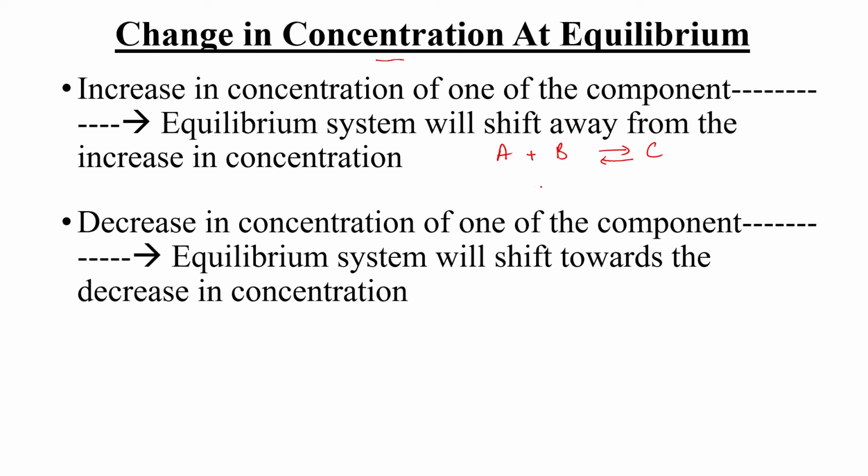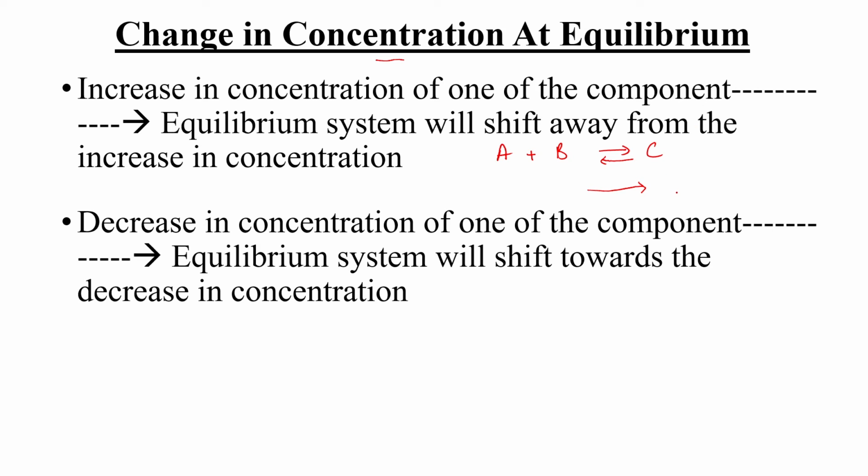Remember that the rate of the reaction depends on the concentration of the reactants. Higher the concentration, faster the rate. So if we are increasing the concentration of the reactants, the rate of the forward reaction will speed up. We'll be making more of the C, or more of the product, and if the forward reaction is speeding up, the equilibrium will shift away from the increase in concentration, meaning it is going away from the reactant and moving towards the product.